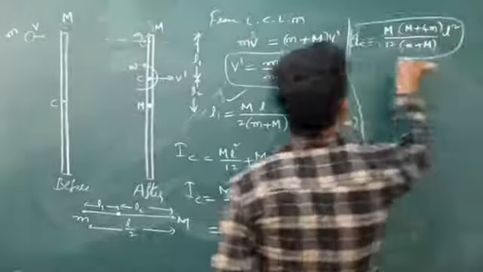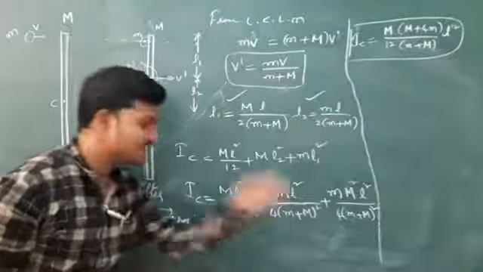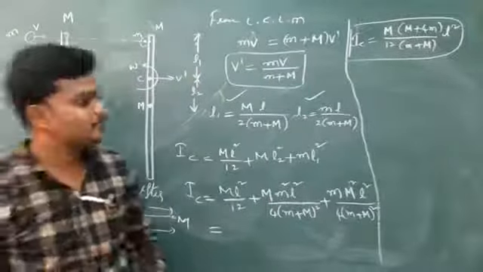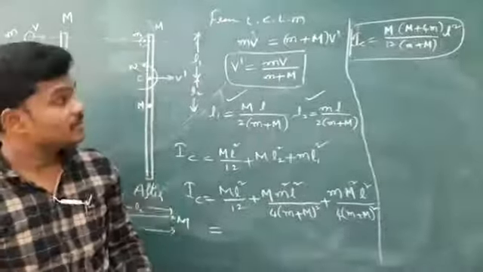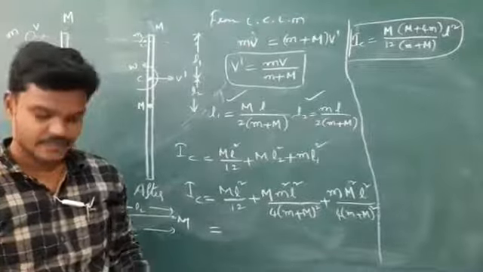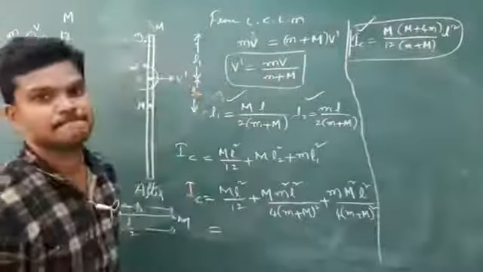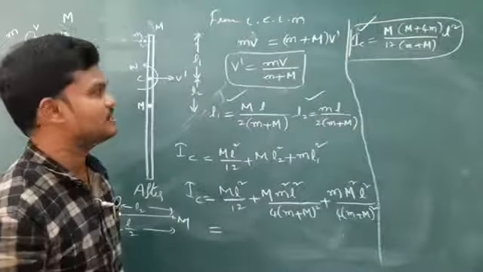You simplify this equation. So this is the moment of inertia about the center of mass of the rod after the collision.